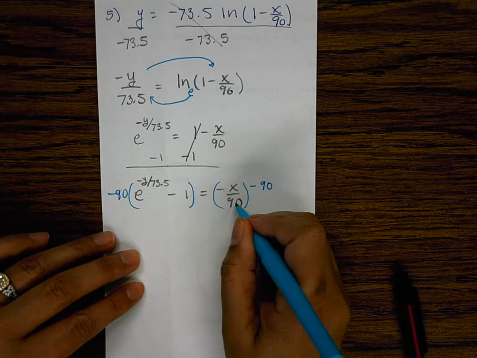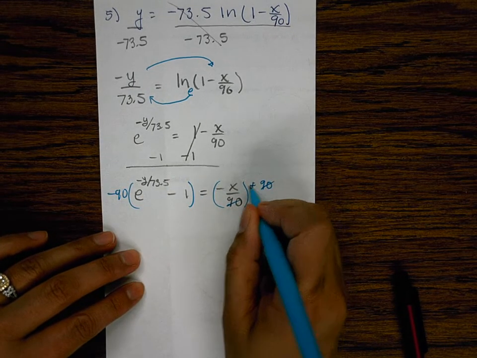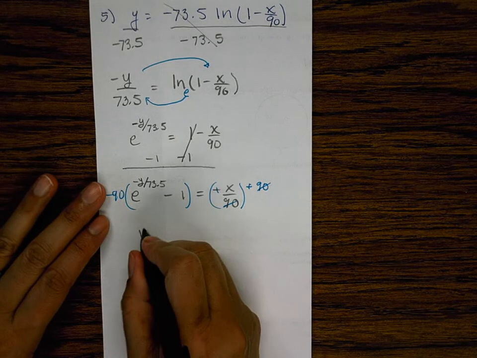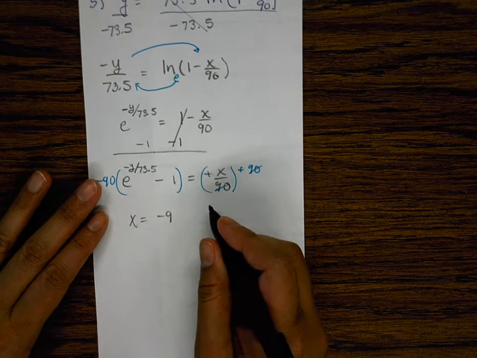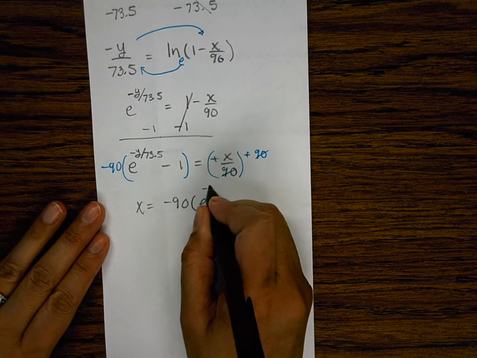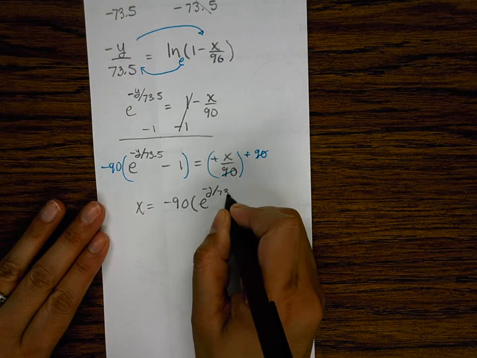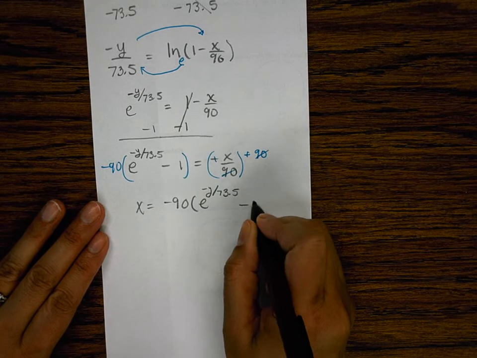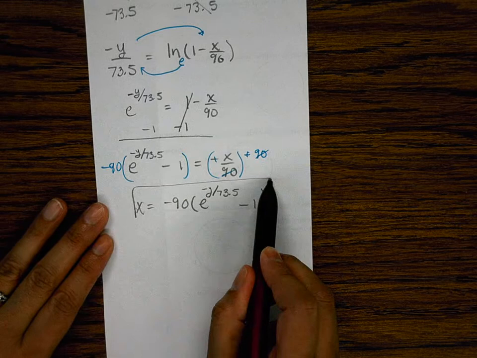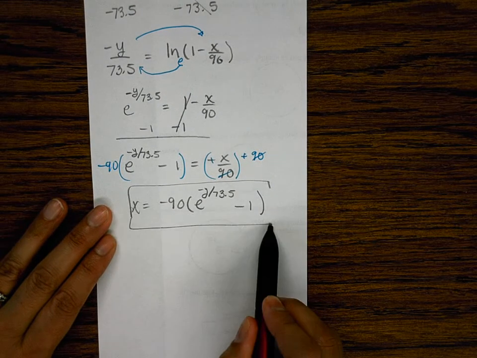Why do I pick negative 90? So the 90s would reduce and the negative signs reduce, leaving just an x. So x equals negative 90, parentheses, e raised to the negative y over 73.5, and then minus 1, close parentheses. That there is your answer. I know it looks wonky, but that's your answer.